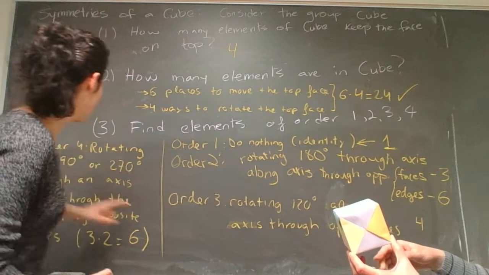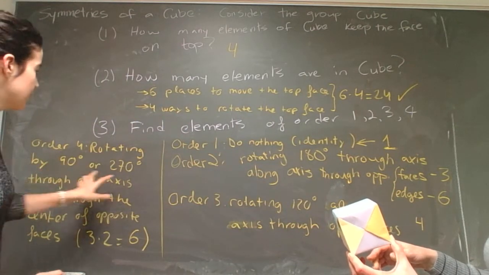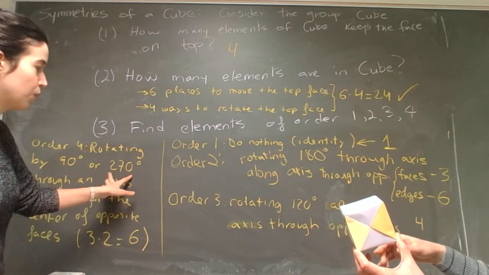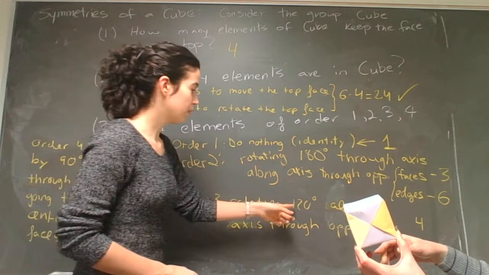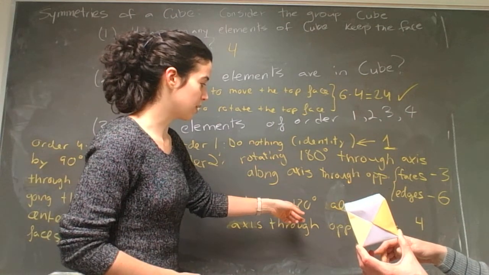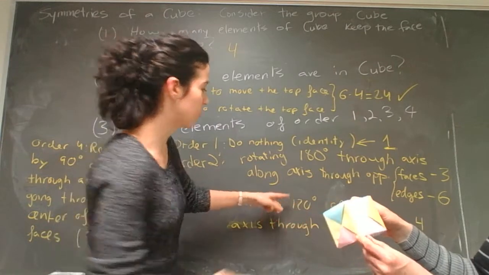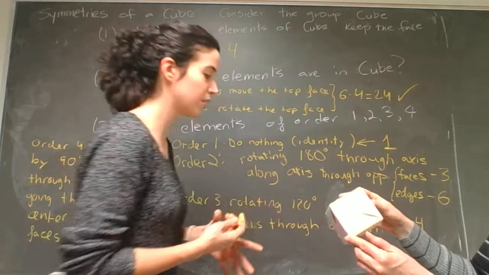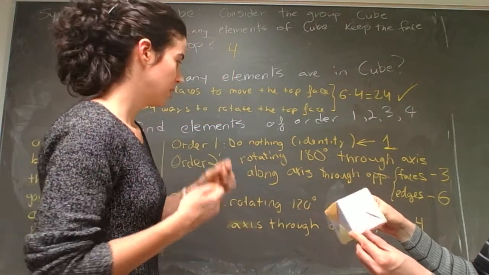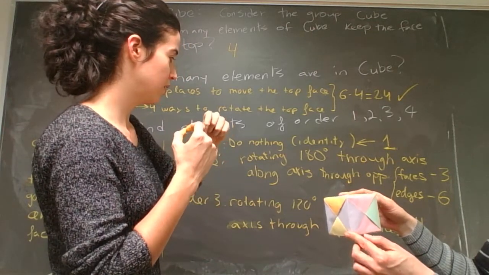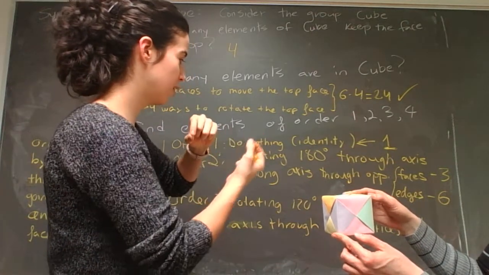But like in the order 4 case, where we had 90 degrees and 270 and both had order 4, what if we do a rotation twice? What order does that have? So a rotation by 240 degrees? You do 240, then 240 again, and then 240.